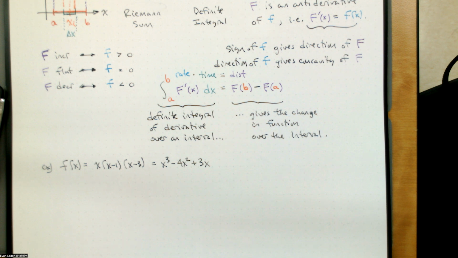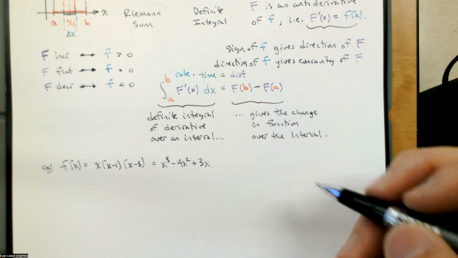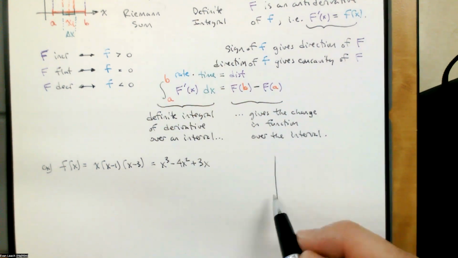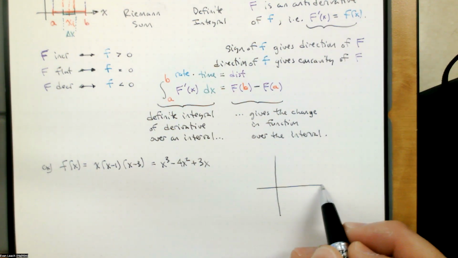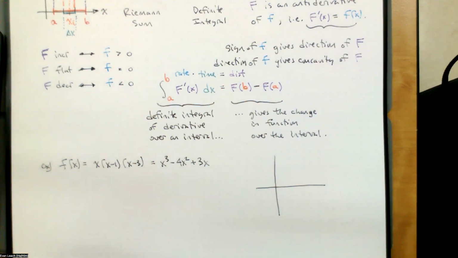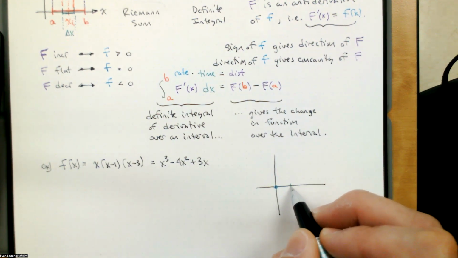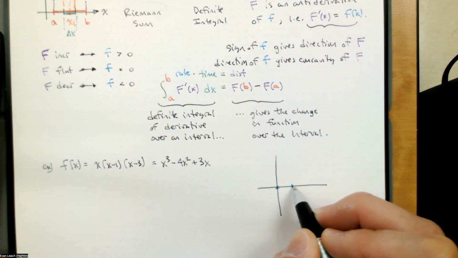So we got this polynomial function. We've got zeros at 0, 1, and 3.